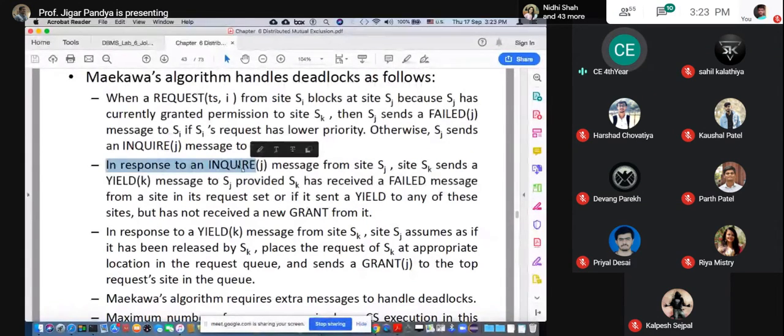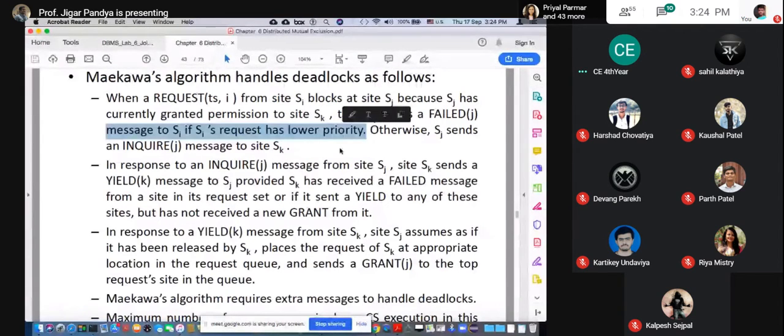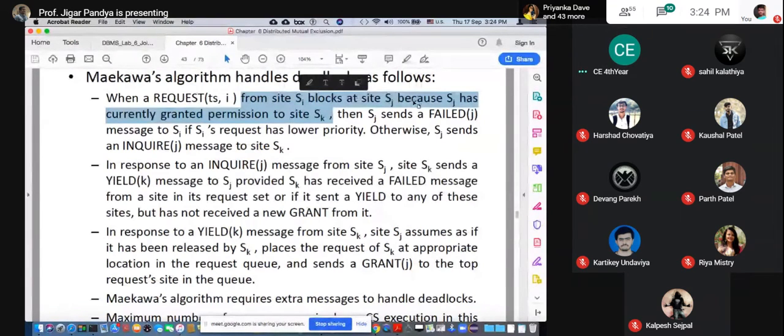There are two more types of messages introduced. One is called the failed message, and another type of message is called inquire. As I mentioned, it now checks the priority. So when a request (ts, i) from site Si blocks at site Sj, because Sj has currently granted permission to site Sk, this is what you understand, right?